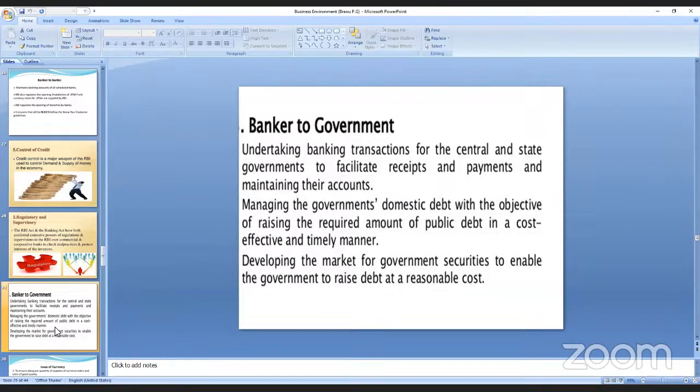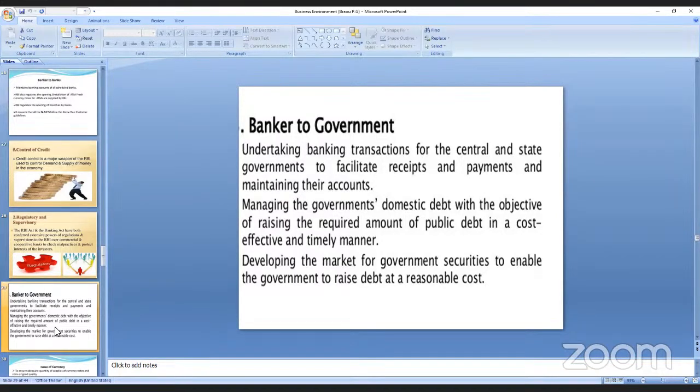Do you know what receipts mean and what payments mean? Receipts means where we are receiving income. Payments means where we are making the expenditure. So receipts are the income, payments are the expenditure.